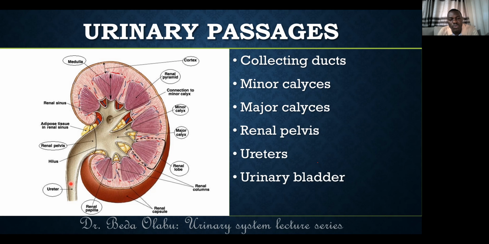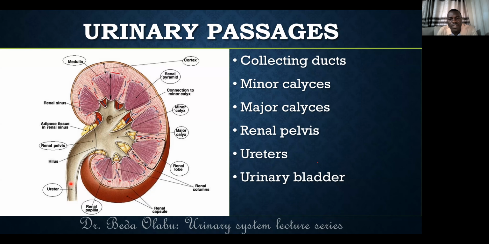Other than the uretero-pelvic junction, the other site of obstruction of the ureter is when the ureters are crossing the pelvic brim. At that point, they may be obstructed. So when the ureters are changing from abdominal ureters to pelvic ureter, where they're crossing the pelvic brim, that's also another site of ureteric obstruction.